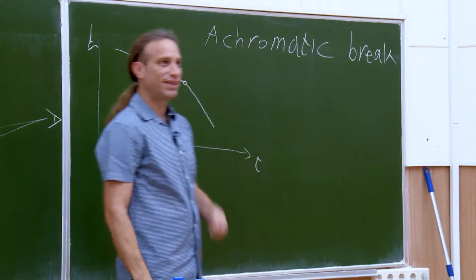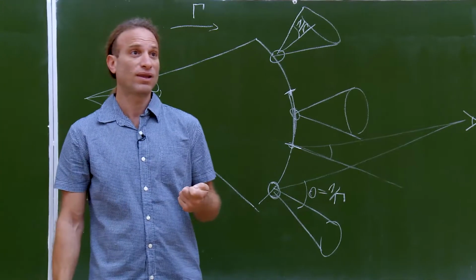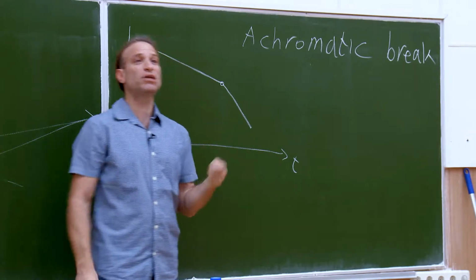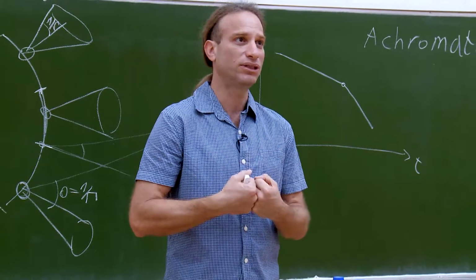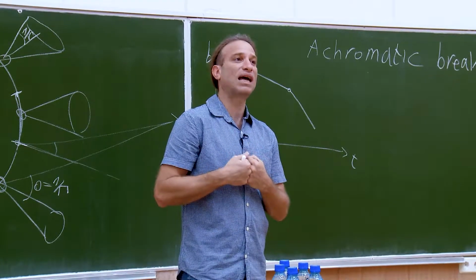And this is an indication that something geometrical happened here. Usually we see these jet breaks within about half a day after the gamma rays erupted. I did not explain this when I talked about gamma rays.